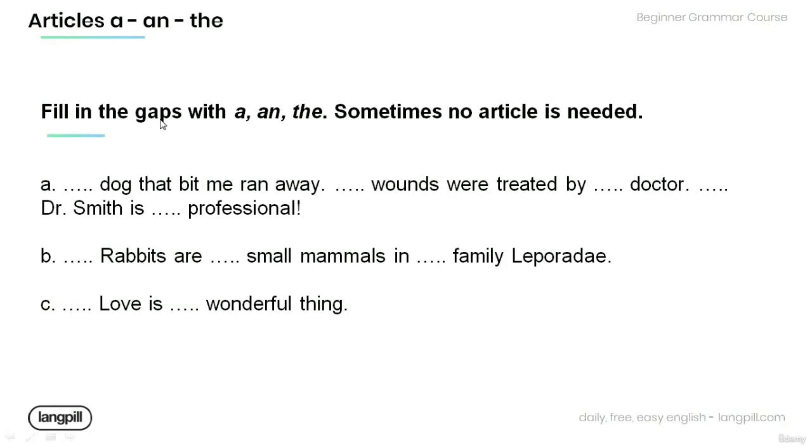Now time for you to practice on your own. Read the following sentences and fill in the gaps with a, an, or the. And note that sometimes no article is needed. A. Dog that bit me ran away.